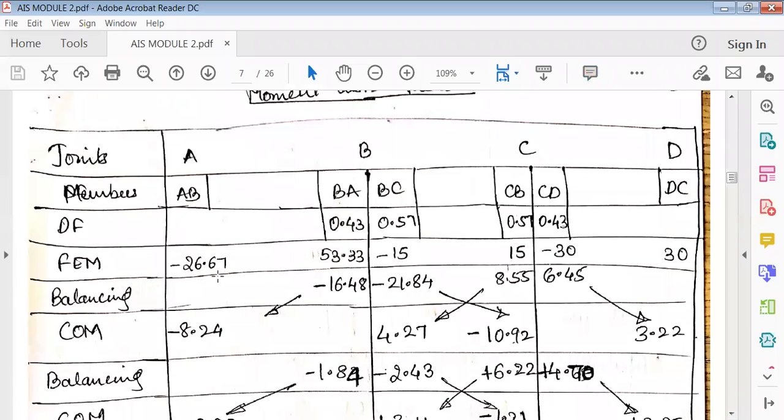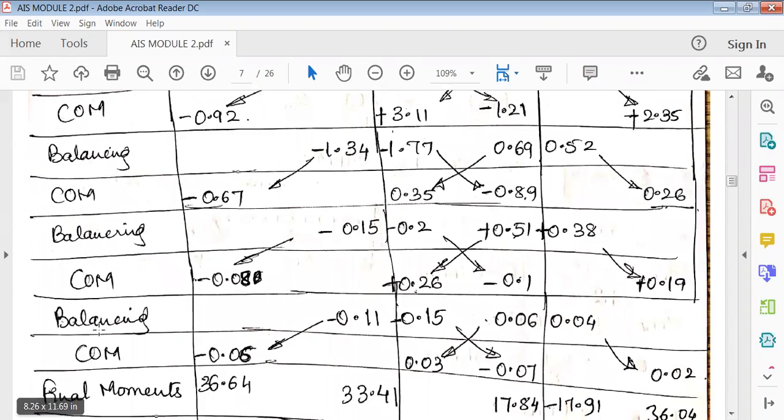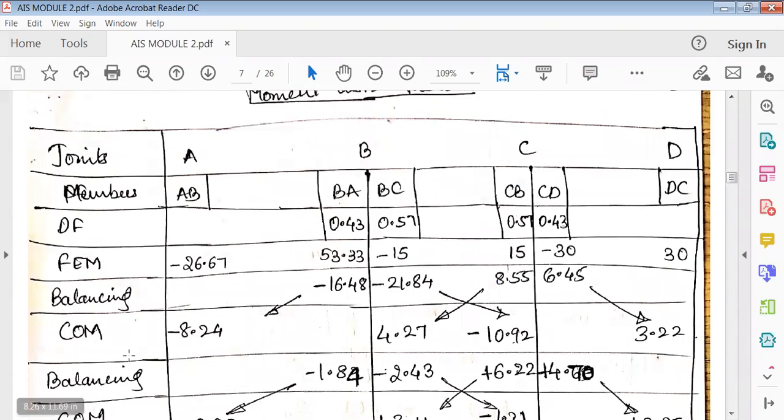Once you write this, the most important thing is, after writing the fixed end moments, the next step is balancing and carryover moment. This should be continuous. Now how to do this? Immediately after you write the fixed end moments, next is balancing.